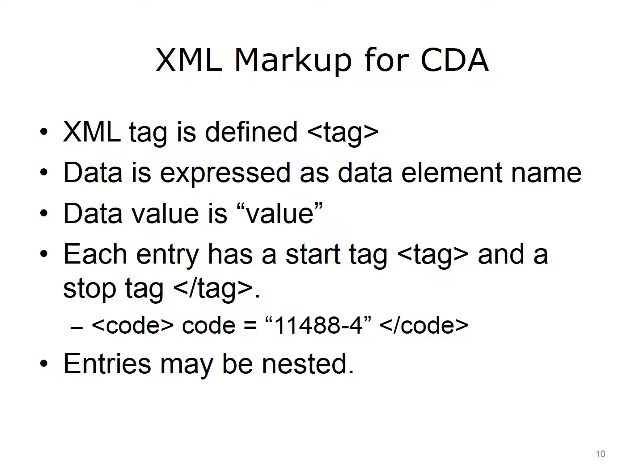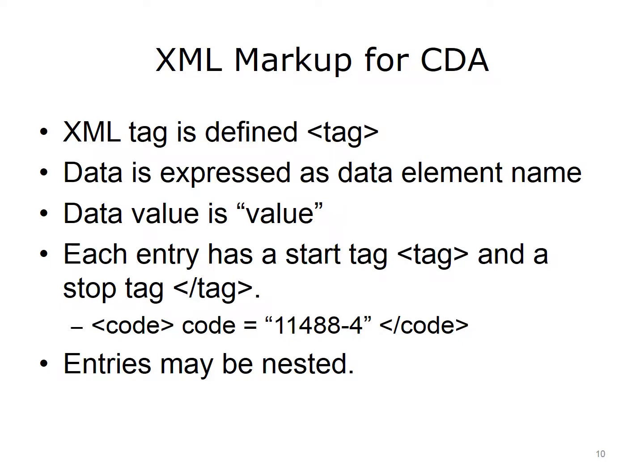Slide 10. Note the syntax for the XML markup language. An XML tag is expressed as tag. Data is identified by the data element name. Data has a value. These fields are identified by the XML tags. Each entry has a start tag and a stop tag.